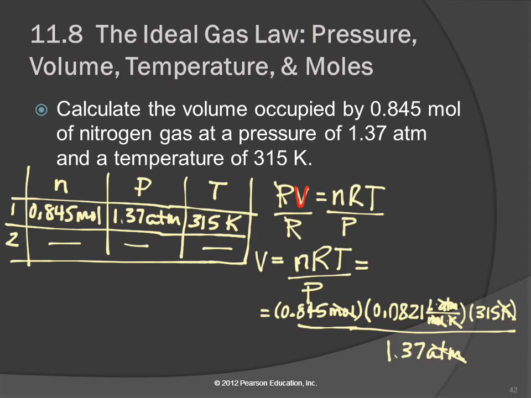So this one should have 3 significant figures. It comes out to be 15.95 something. And I want to round to the nearest tenths place. The 5 tells me I have to round the 9 up to a 10, which bumps the 15 up to a 16. And so I'm going to write 16.0. Oh, it's not atmospheres. Liters.